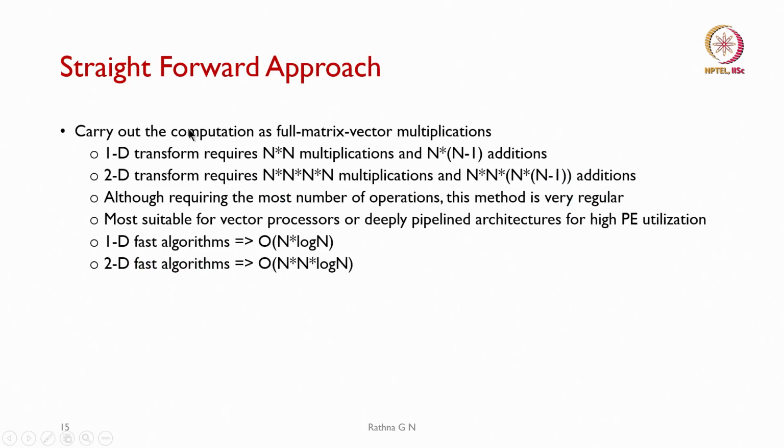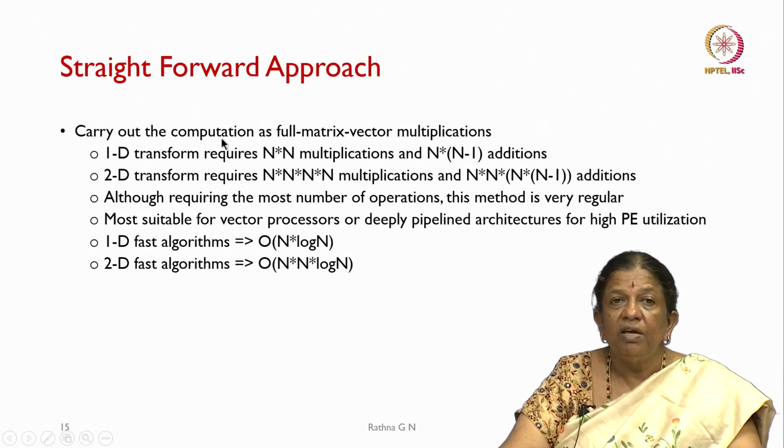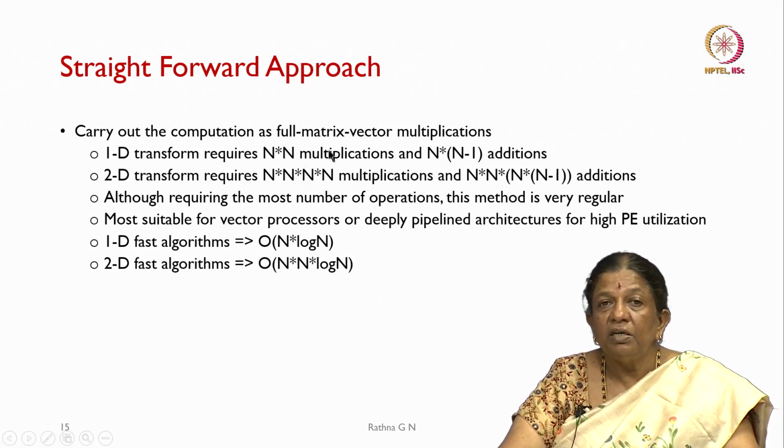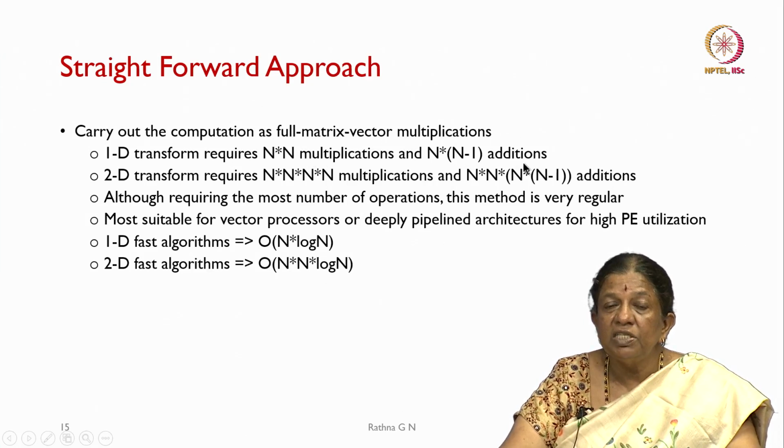Now, why do we have to use this? Carry out the computation as full matrix vector multiplications. We know that a 1D transform requires n into n multiplications, which is order of n squared multiplications, and n into n minus 1 additions, which is also order of n squared.